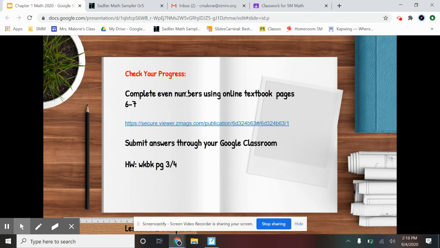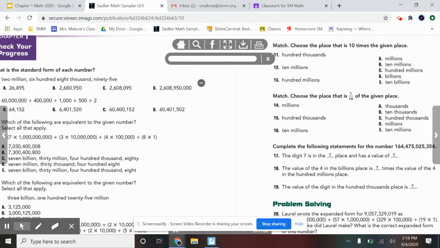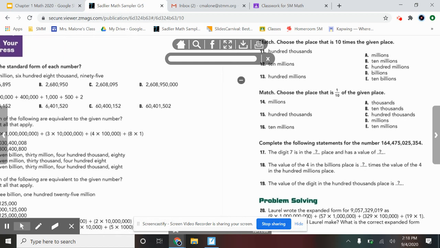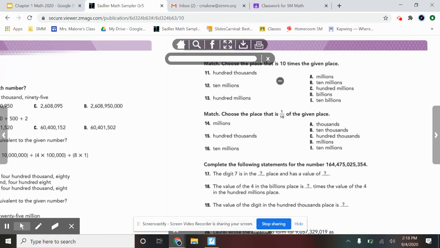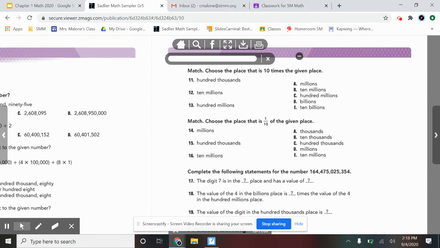There is a total on these 2 pages of 22 questions, but you don't have to do them all. You only have to do the evens. Like 12. So that's like 11 questions. That's not terrible. Okay? And some of them, you don't even have to do anything but say the letter that it matches.